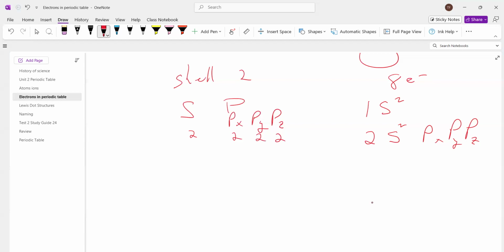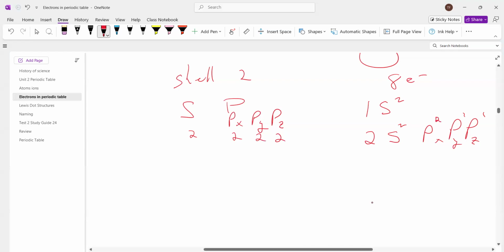So each p can hold maximum 2 electrons. And the way we fill those p suborbitals is 1, 1, 1. We have 2 more to go, 1 more to go. So the 1 becomes a 2 here.